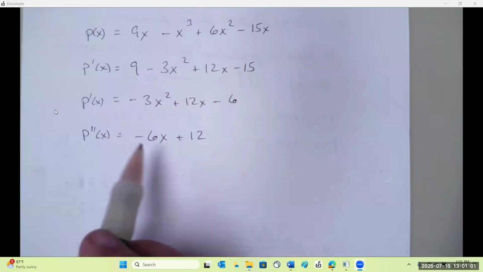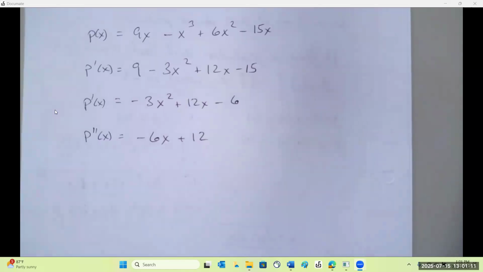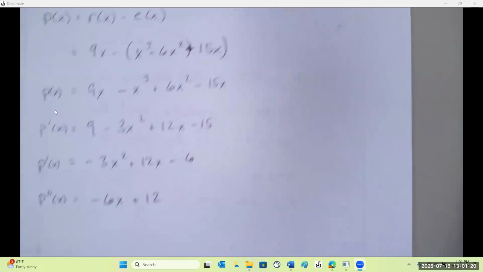So what do we know about what to do with this? The second derivative tells us concavity. What's our domain that we're dealing with?